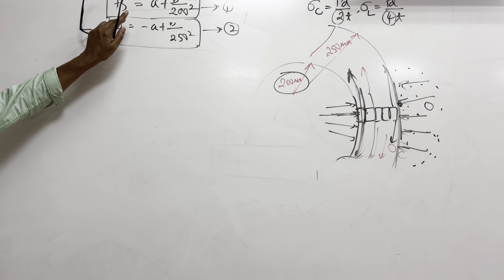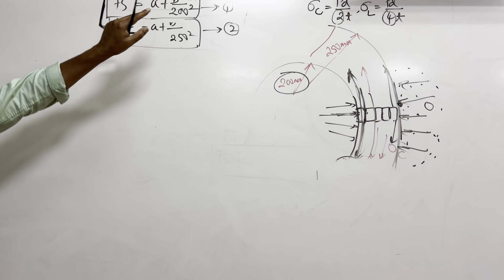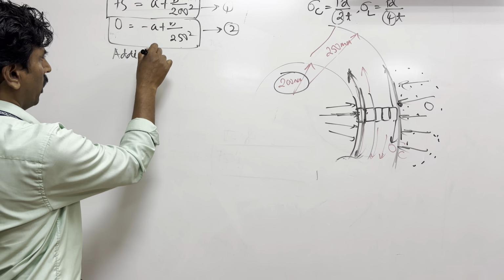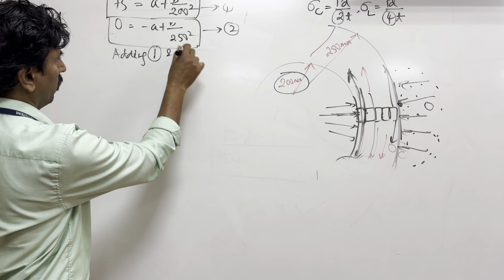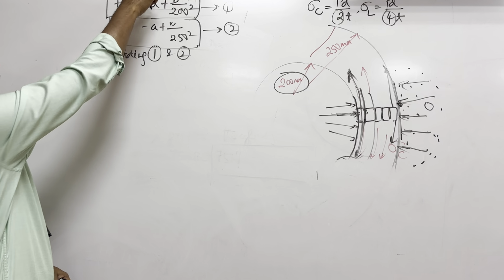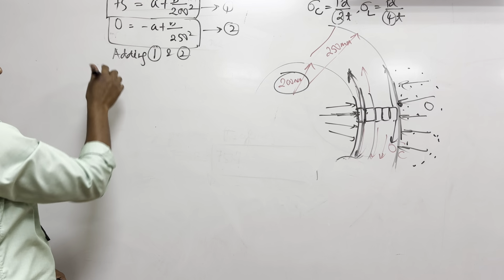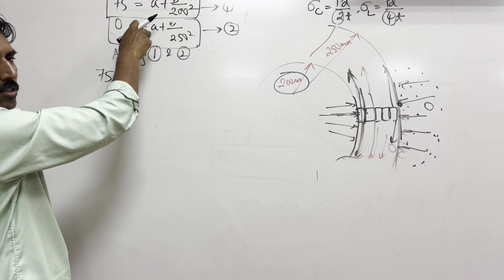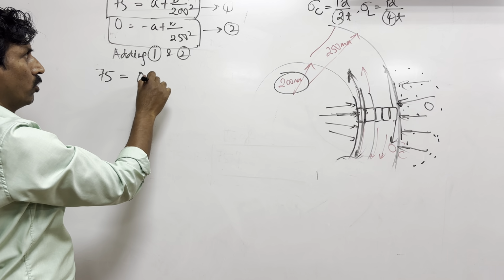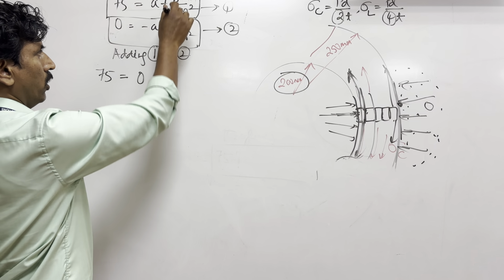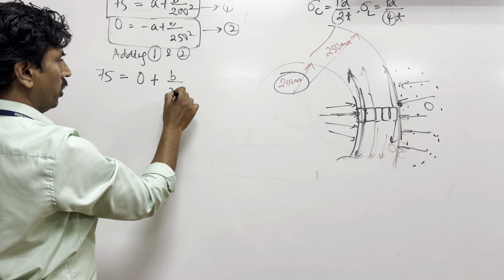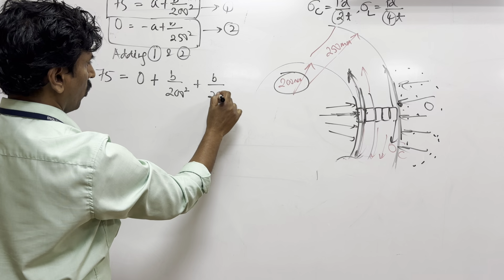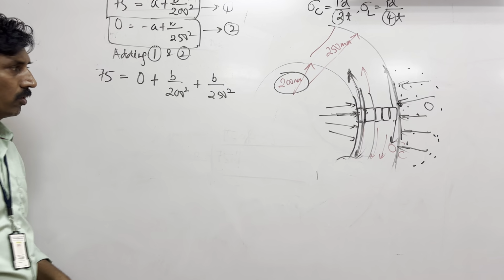Now if you add 1 and 2, what will you get? You add the corresponding elements. 75 is equal to plus A minus A, which is 0, and then B divided by 200 square plus B divided by 250 square.